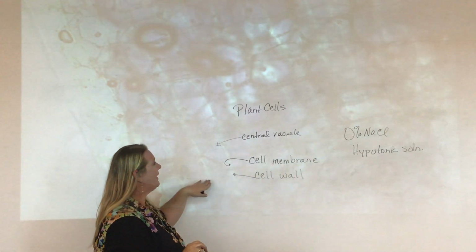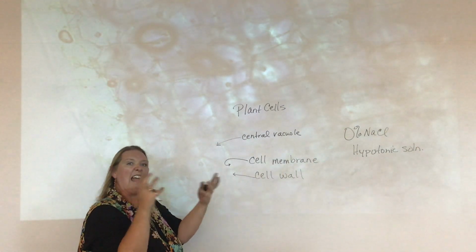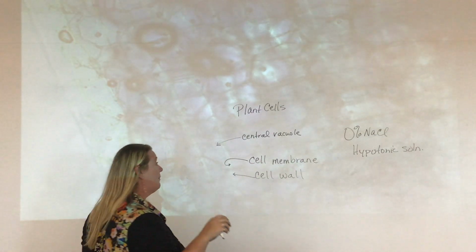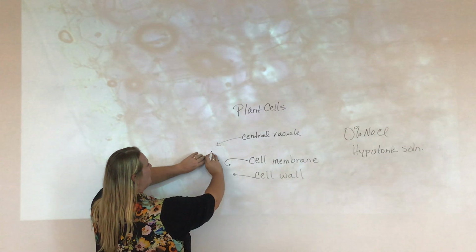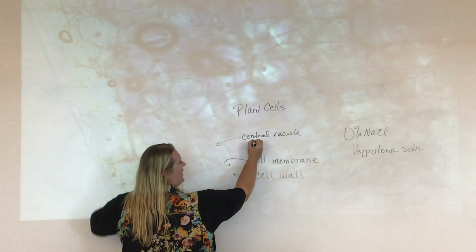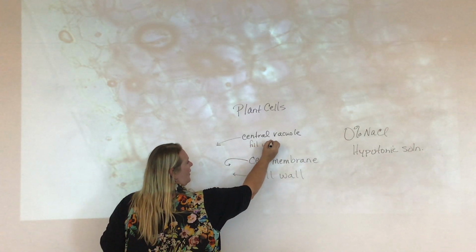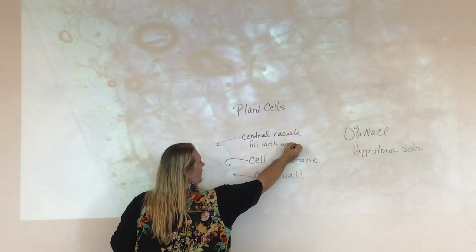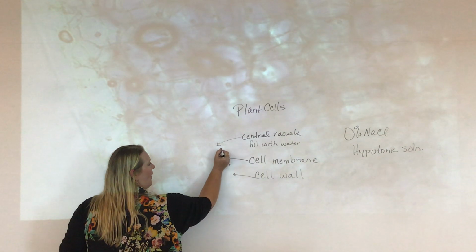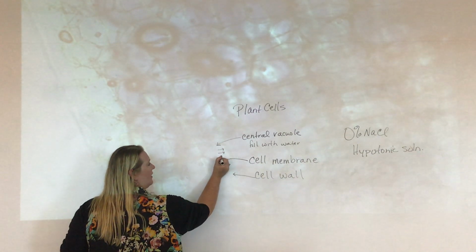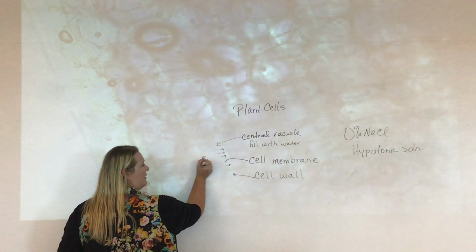In a plant cell, it's unlikely that they're going to burst, especially in our lab. So we're going to see that purple, that central vacuole, fill with water, which is going to spread that pigment out all the way to where it is pushing on those edges of that cell wall.